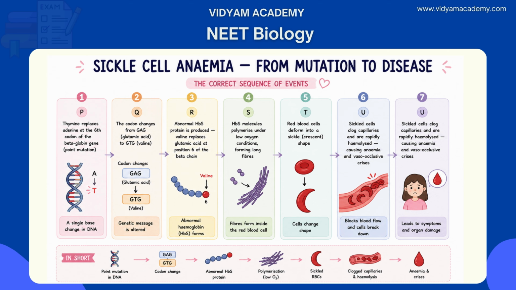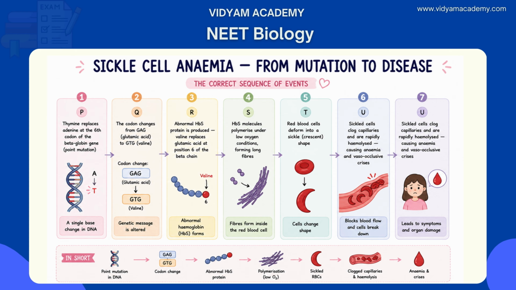Q follows as the direct consequence. This base change converts the codon from GAG, encoding glutamic acid, to GTG, encoding valine, altering the genetic message. R is the protein outcome when the mutant mRNA is translated. Valine is inserted at position 6 of the beta globin chain instead of glutamic acid, producing the abnormal HbS hemoglobin.